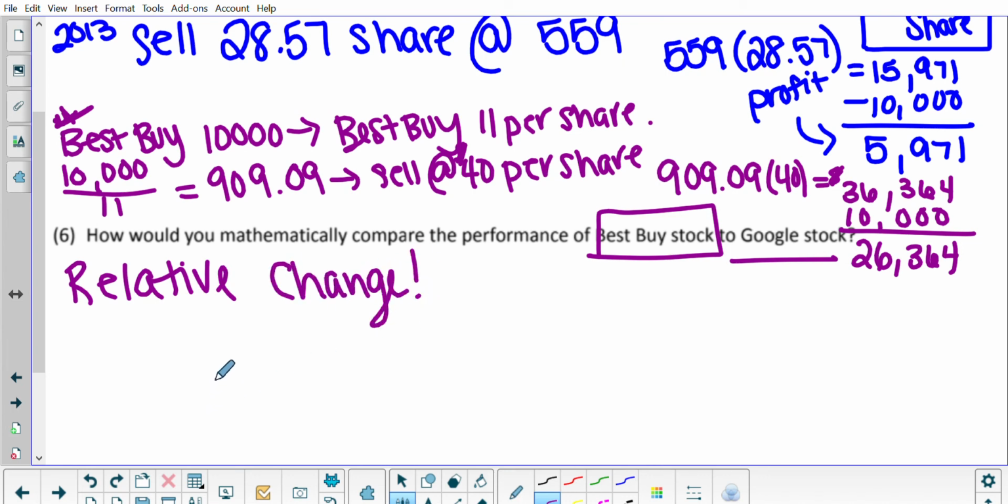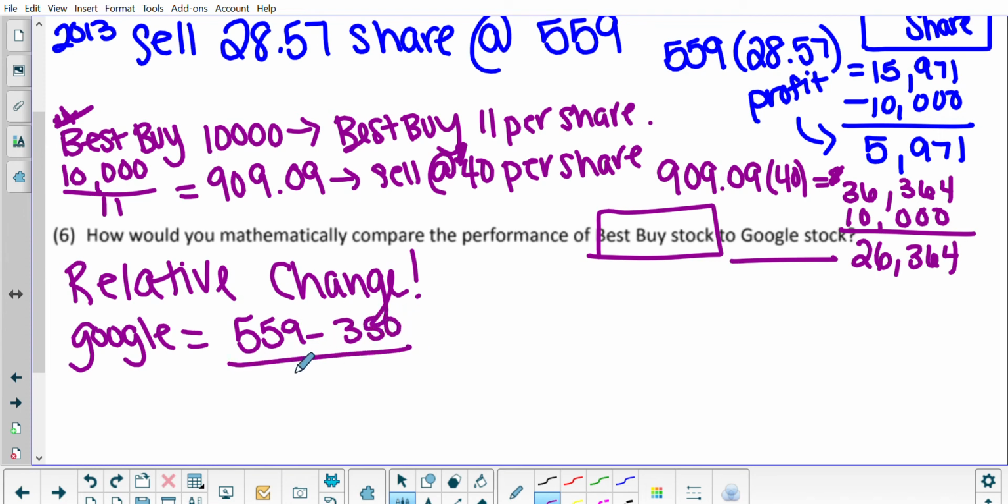So for instance, I'm going to do the relative change of Google. We take our absolute change, which is our now minus our past over our past, and we're going to multiply that by 100. When you do this in the calculator, take it step by step. 559 minus 350, we get 209.